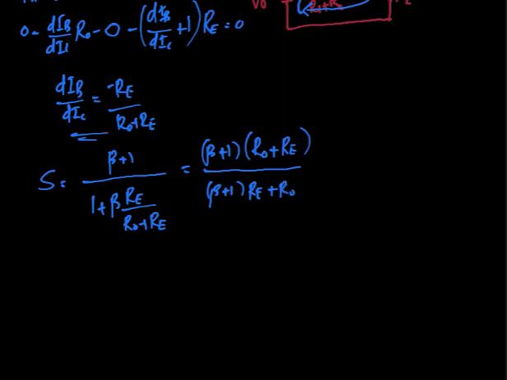So it was multiplied, it is R0 plus RE, RE is common factor, take it outside, so we will have 1 plus beta or beta plus 1 RE plus R0.